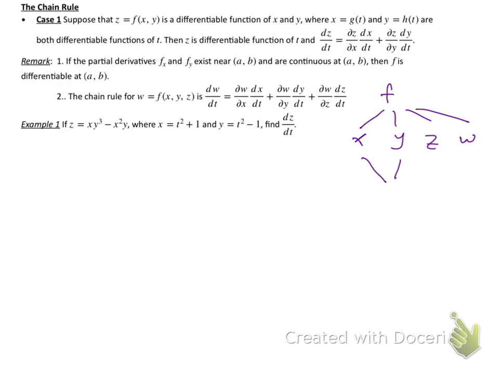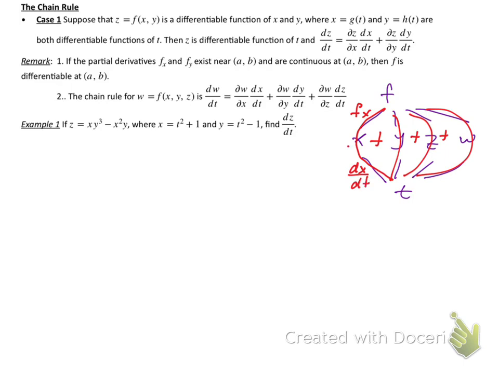Then each of them is a function of t. Then you just do this path plus this path plus this path plus this path. So partial f partial x, then x and t, you only have one function, dx/dt. Then you add them up.